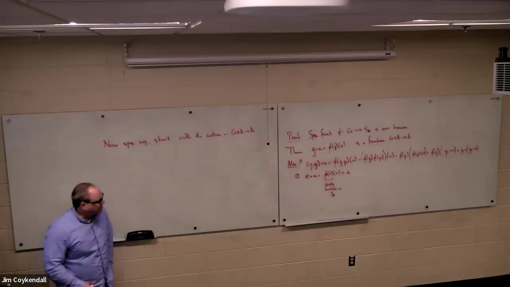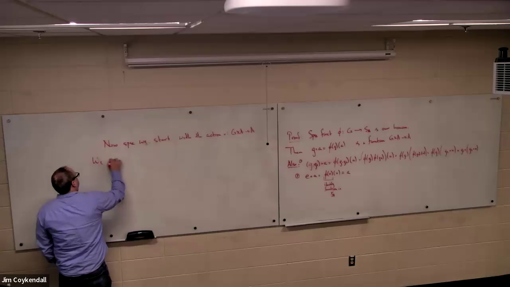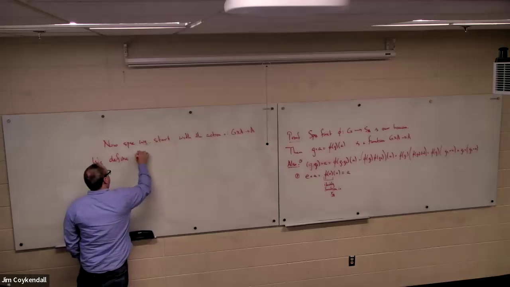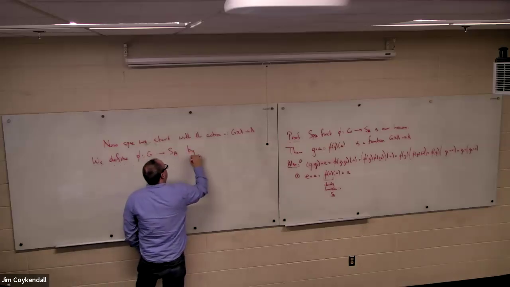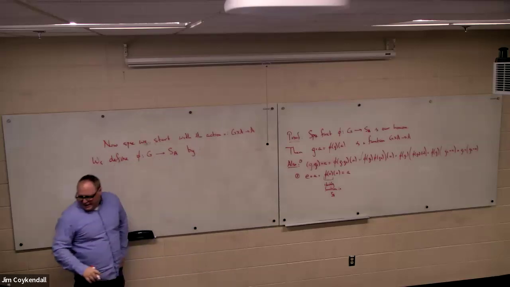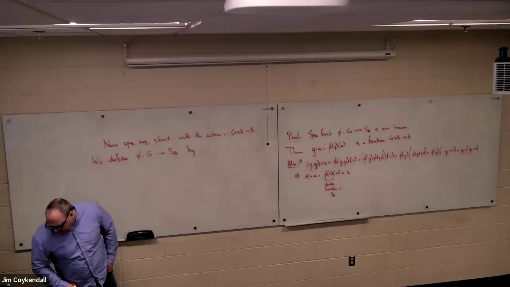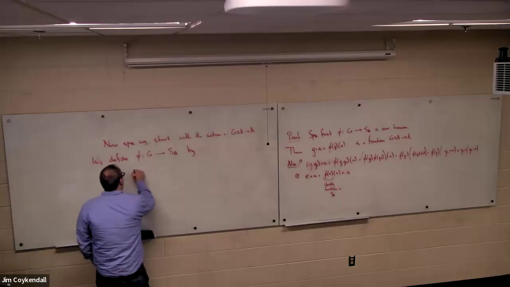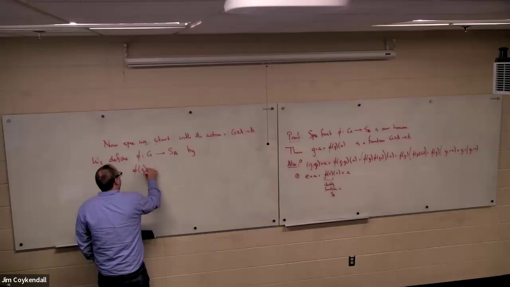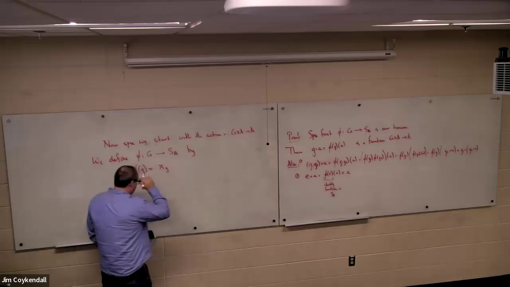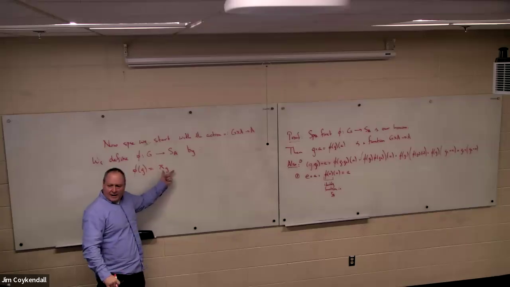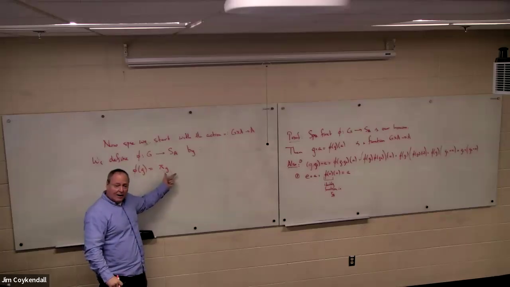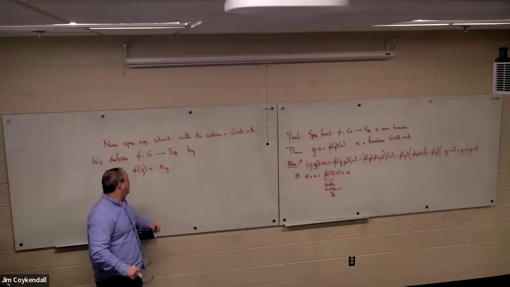So I'm going to define the homomorphism that I want by: my input is an element of the group. I haven't told you what this is yet. I'm just going to call it pi g for now. It barfs out this pi sub g, right? And I want this to be a permutation.